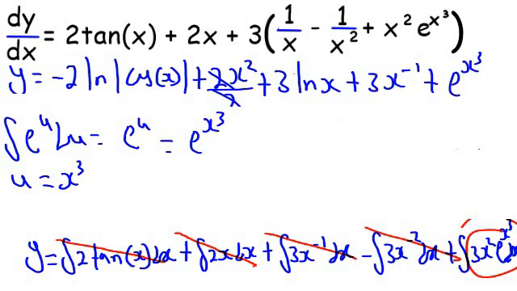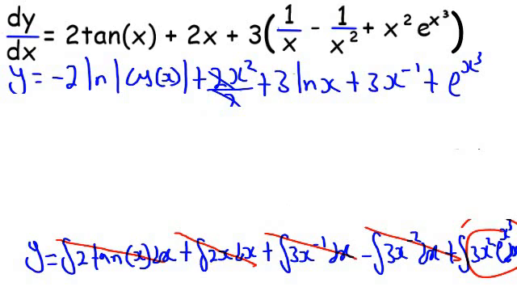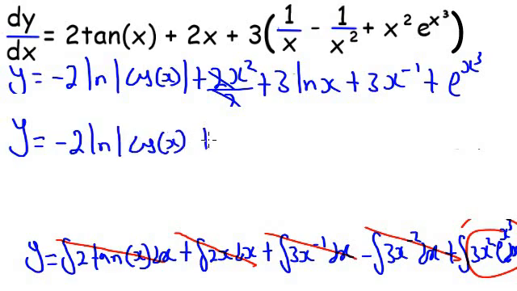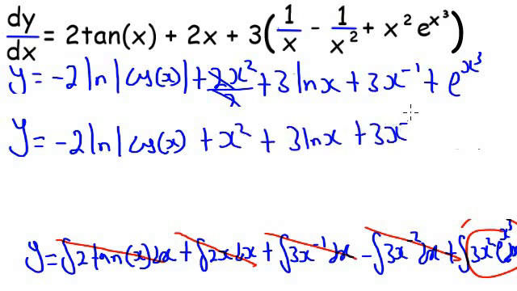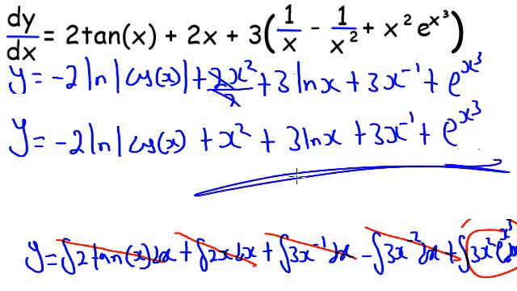And that will be the equation itself. So finally, y will be equal to negative 2 ln cosine of x plus x squared plus 3 ln x plus 3x raised to the negative 1 plus e to the power of x to the power of 3. And this is the solution to this differential equation.